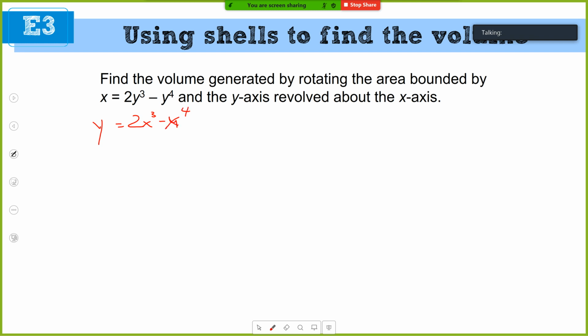Whoops. Graph that function and see what it looks like.